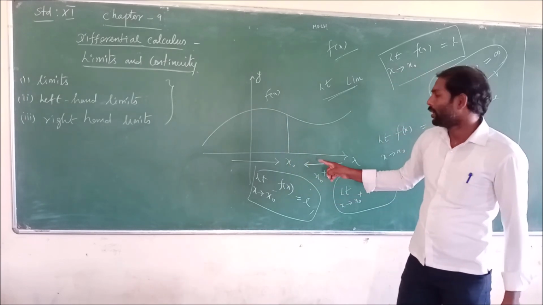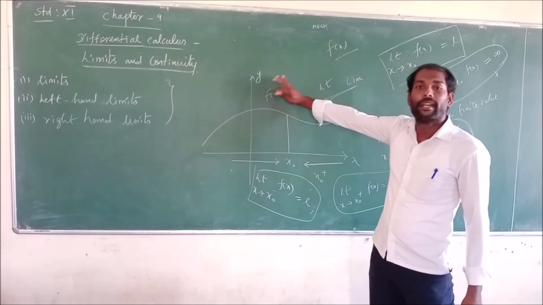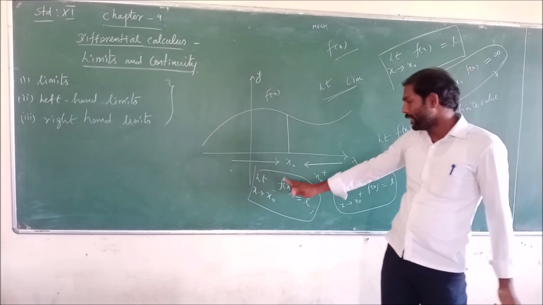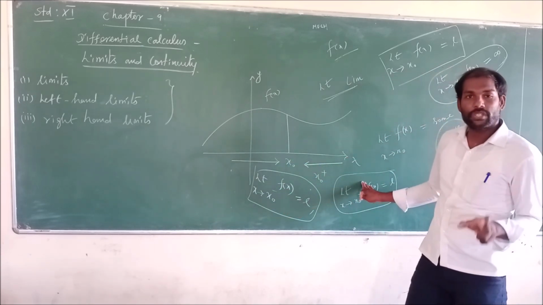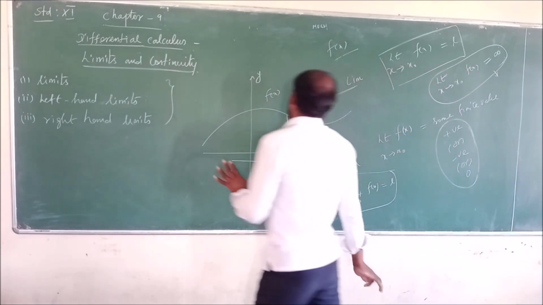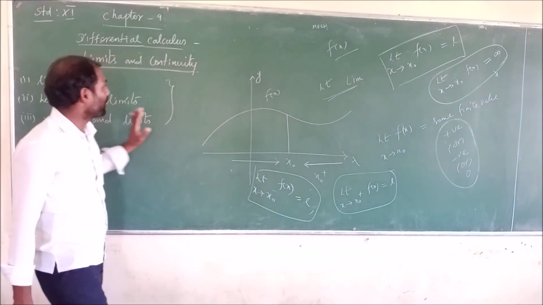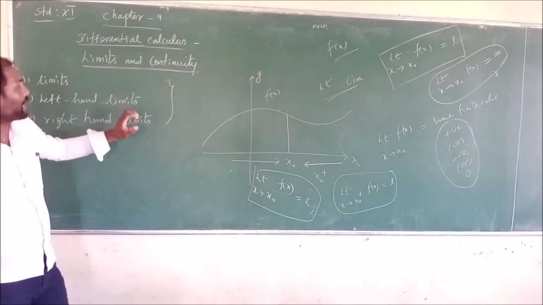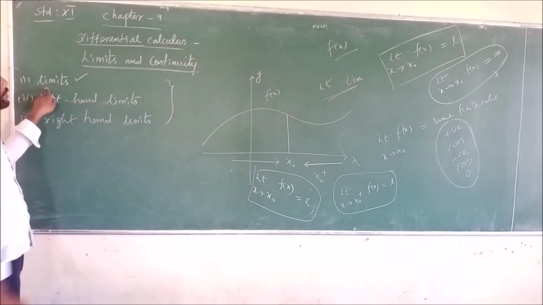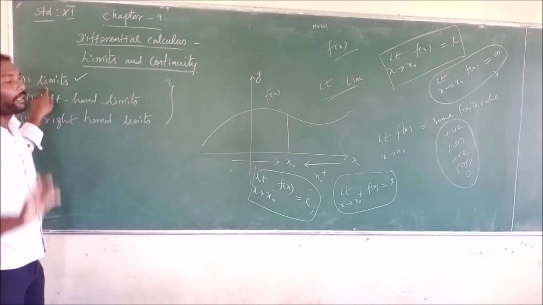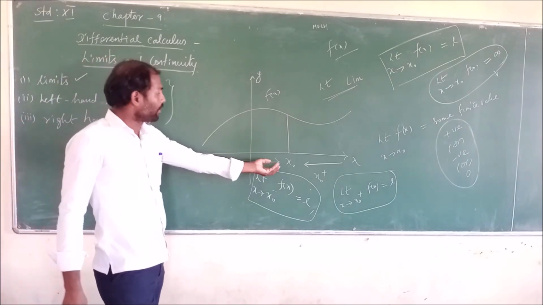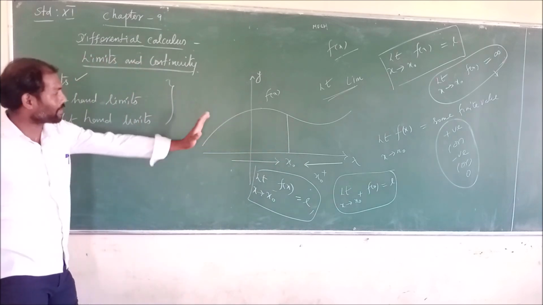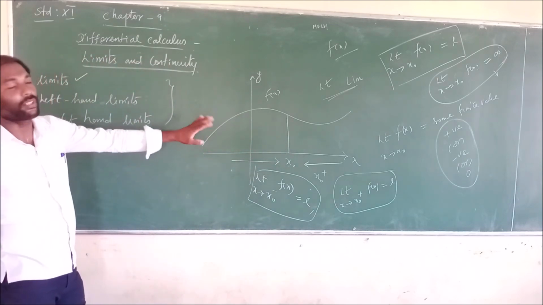So the limit of f of x exists at the point if and only if the left and right limits exist and are equal. This is the basic definition for limit, at any point x naught, which is a fixed point.